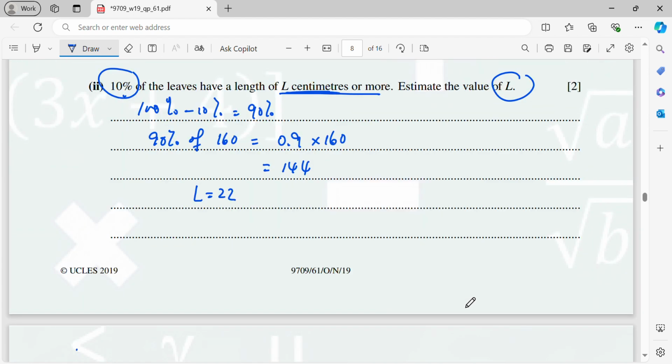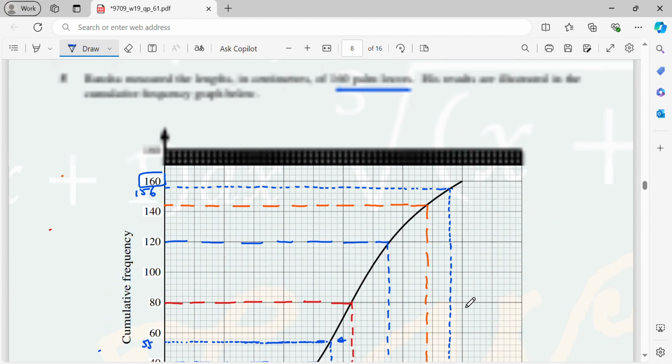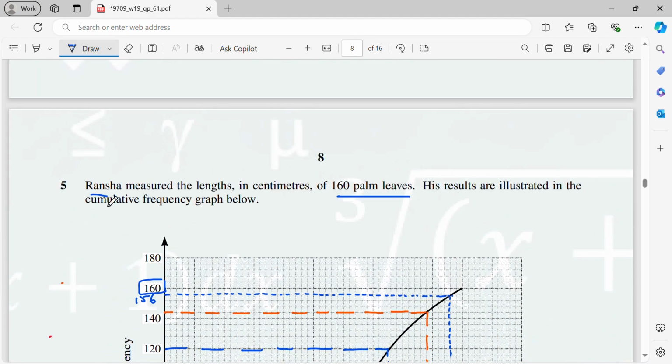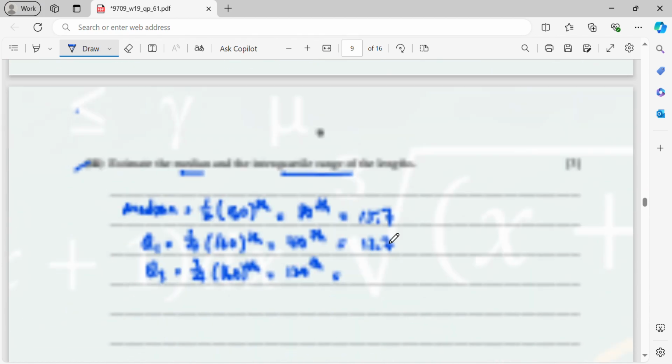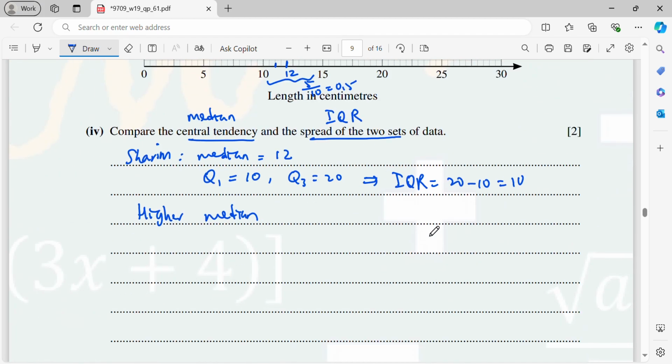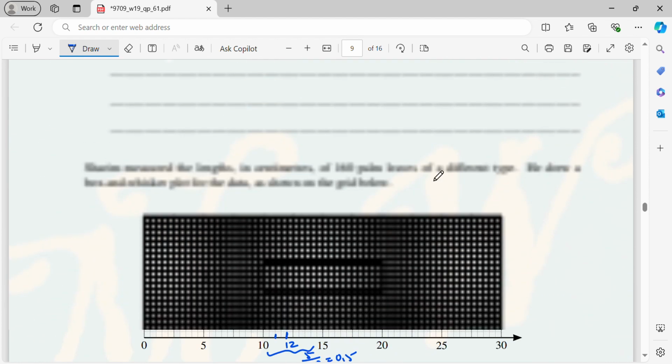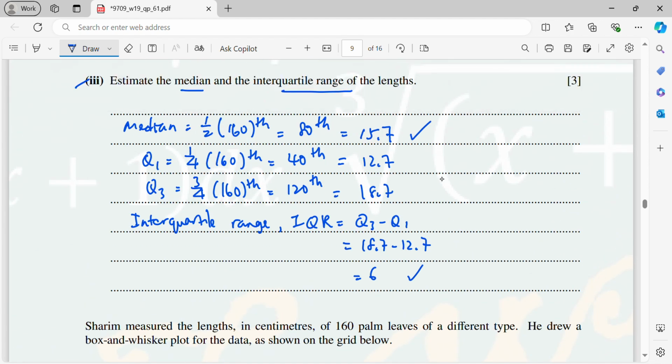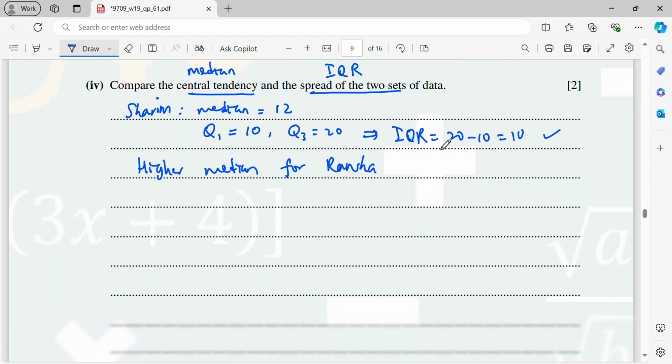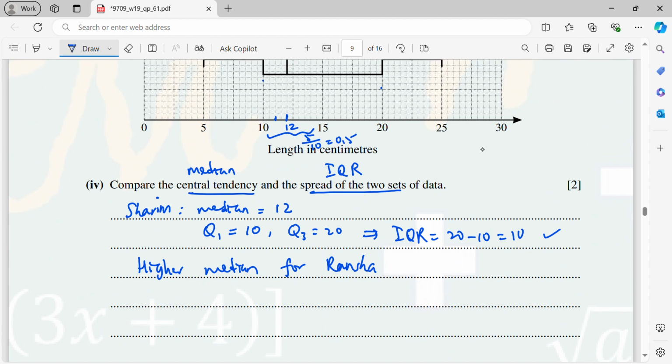Alright, so now I will say higher median for Ransha. Okay, higher median for Ransha. And the IQR, interquartile range, for Sharim is 10. But the interquartile range for Ransha is only 6. So lower IQR, interquartile range.